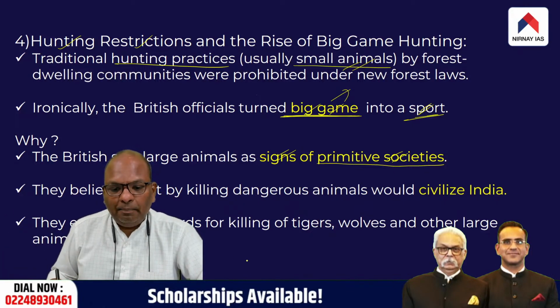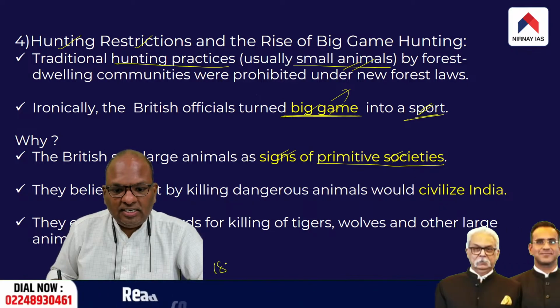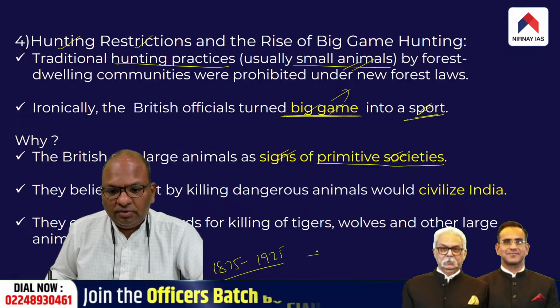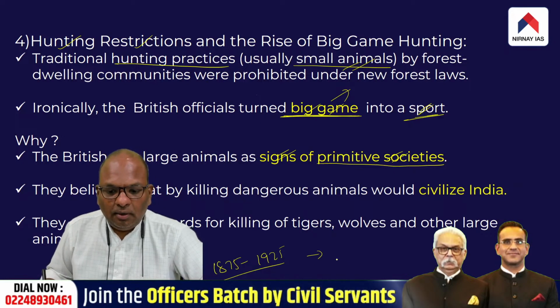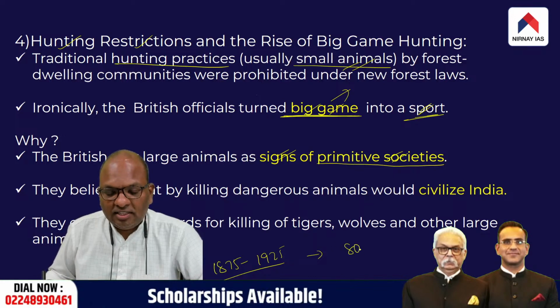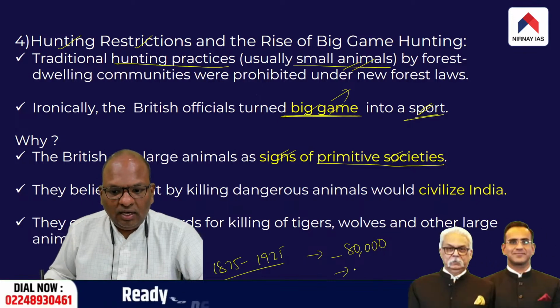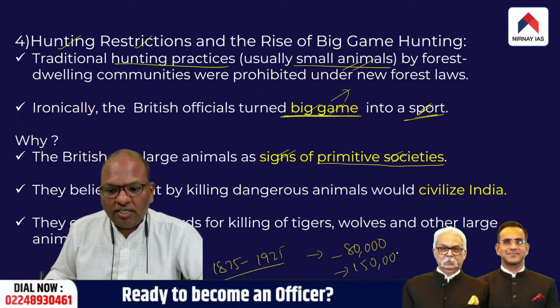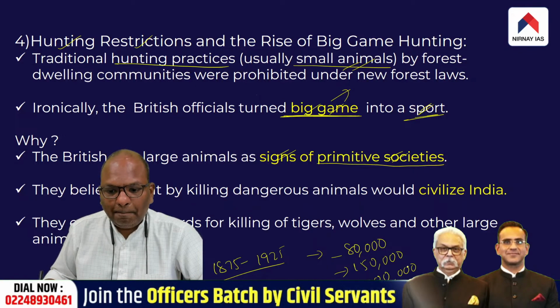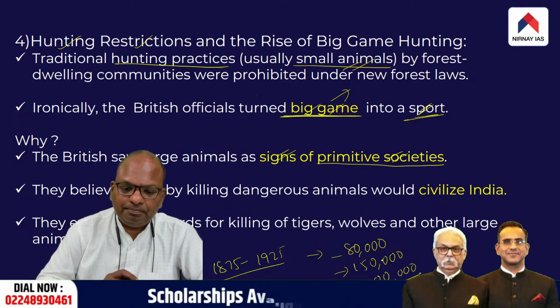For example, between 1875 and 1925, 80,000 tigers were poached and killed, 150,000 leopards were killed, and close to 2 lakh wolves were also killed.